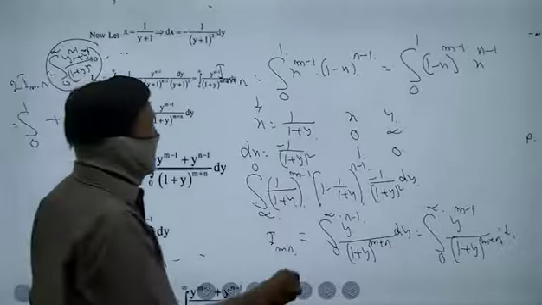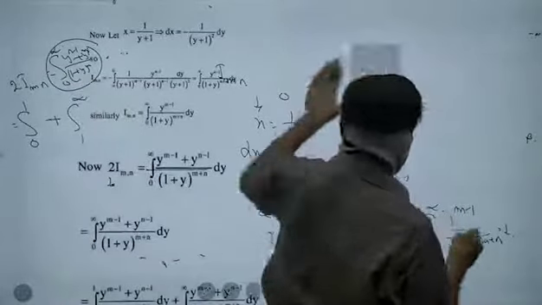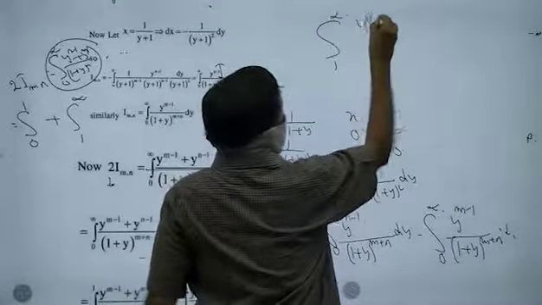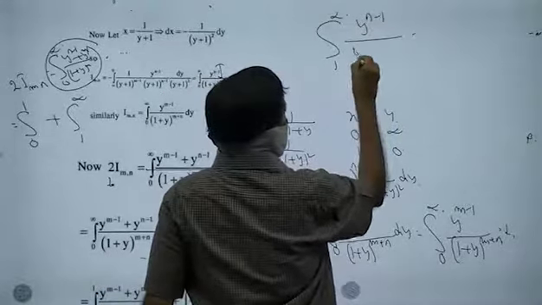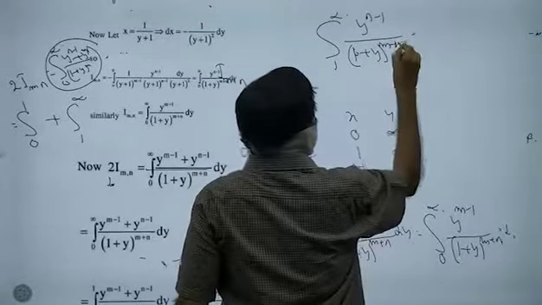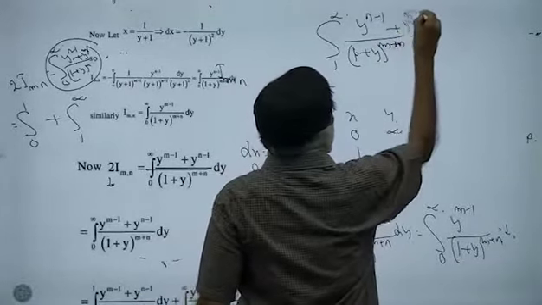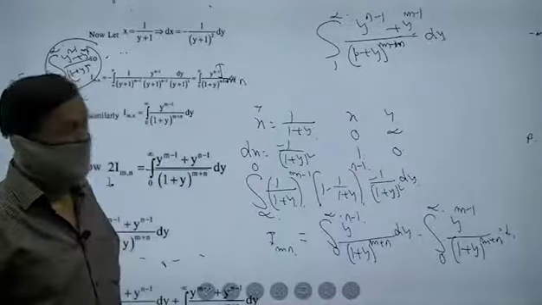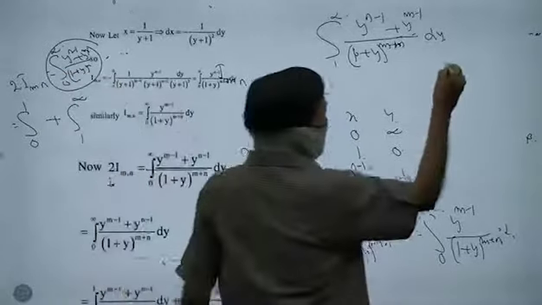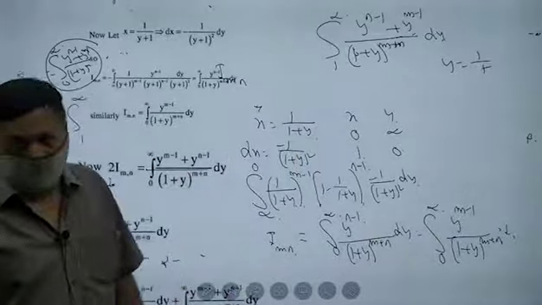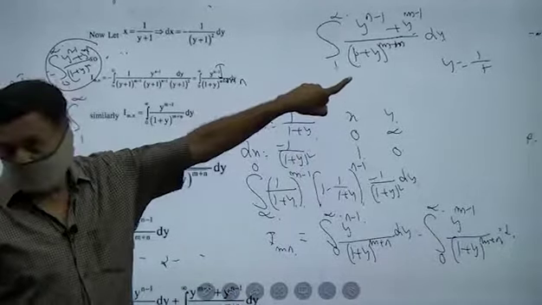Now you consider the integral from 1 to infinity of y power n minus 1 plus y power m minus 1 by 1 plus y whole power m plus n dy. Here you put y is equal to 1 by t.